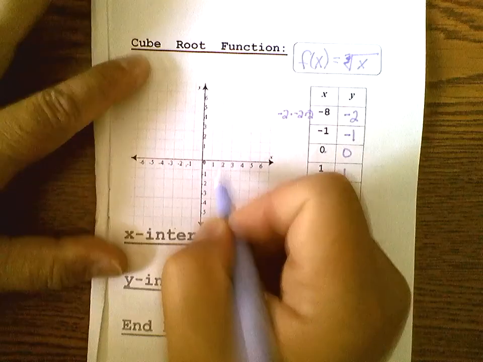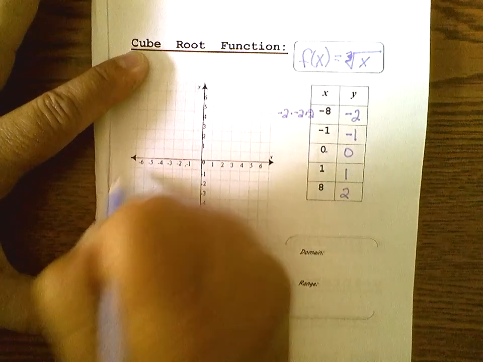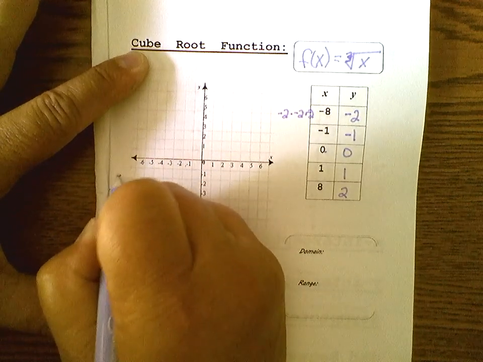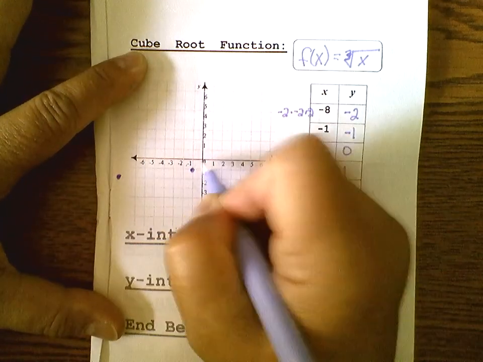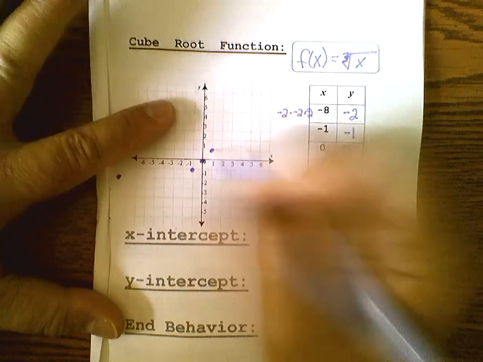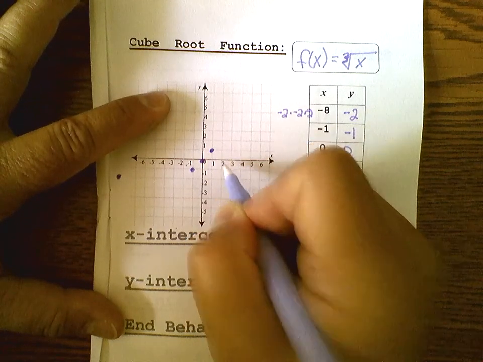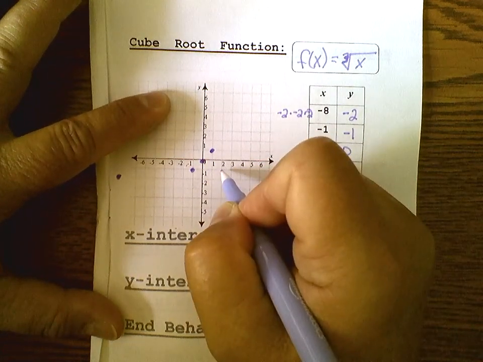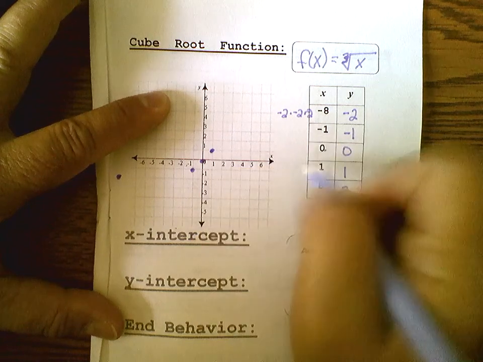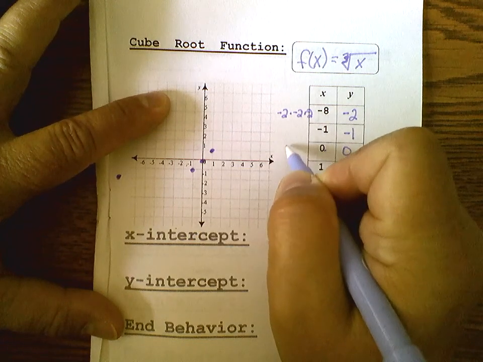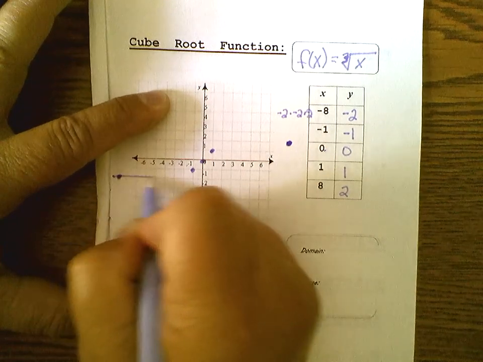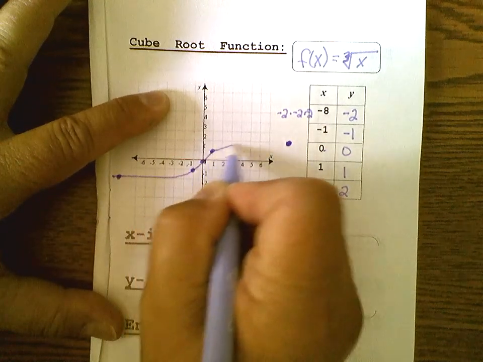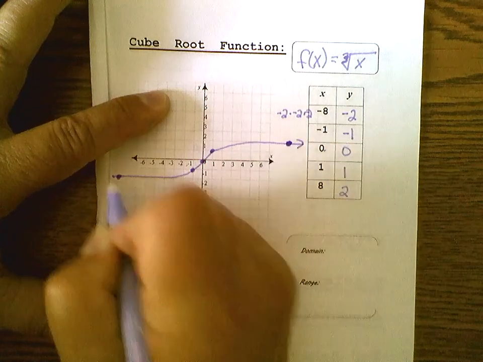If I graph this one, I go to -8, which is off my screen, -2, it's off my coordinate plane. -1, -1, 0, 0, 1, 1, and positive 8, positive 2. So somewhere over here. So again, it looks like the cubic function, but it's rotated.